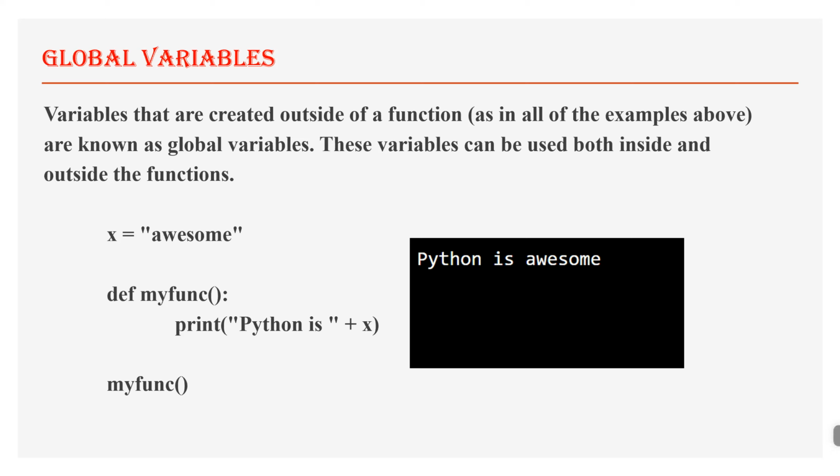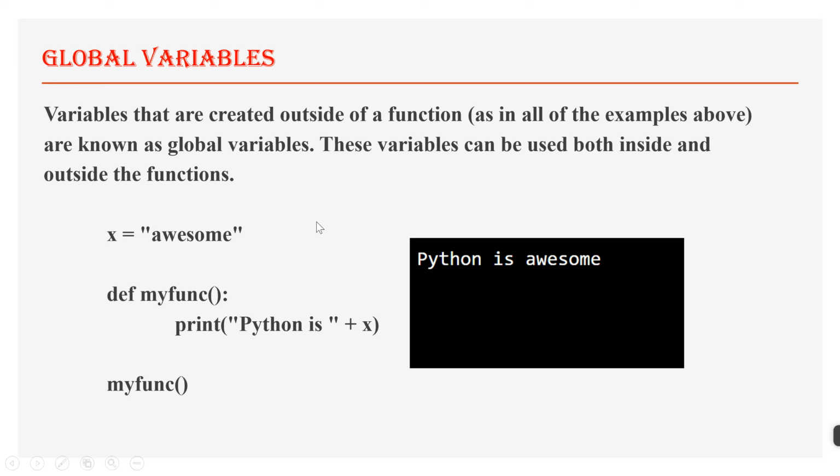So anywhere you use, once you treat a variable as a global variable, then the value stored in that variable is the same wherever you use it, both inside or outside the function.